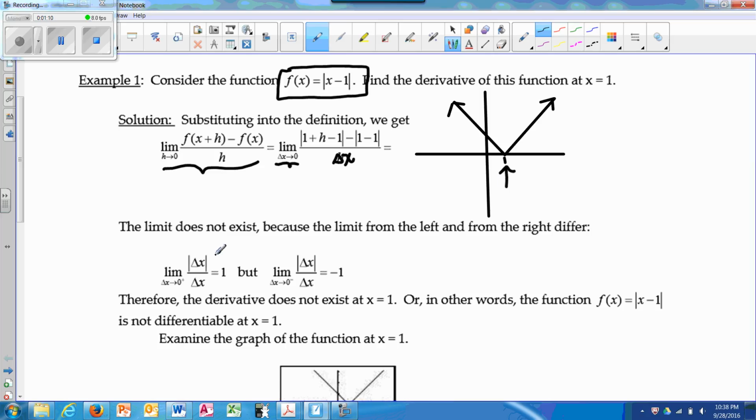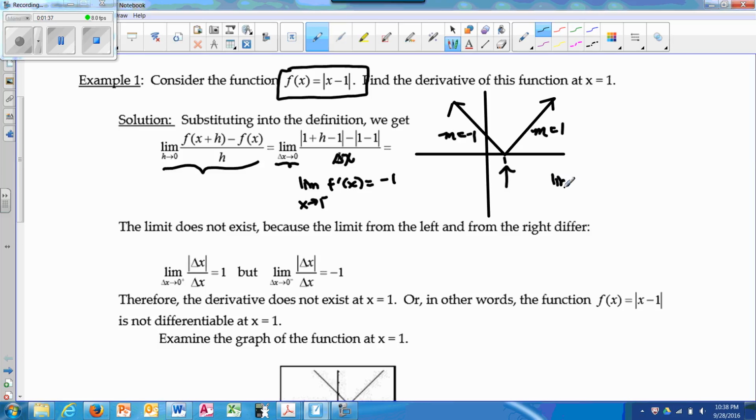Now, the problem is that the right-hand side has a slope of 1, and the left-hand side has a slope of negative 1. So what that means is the limit as x approaches 1 from the left of the derivative function of x is equal to negative 1.